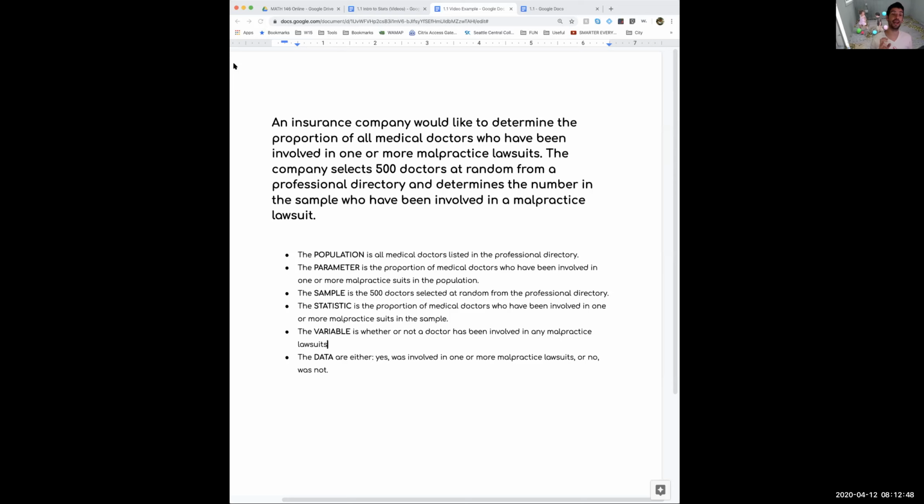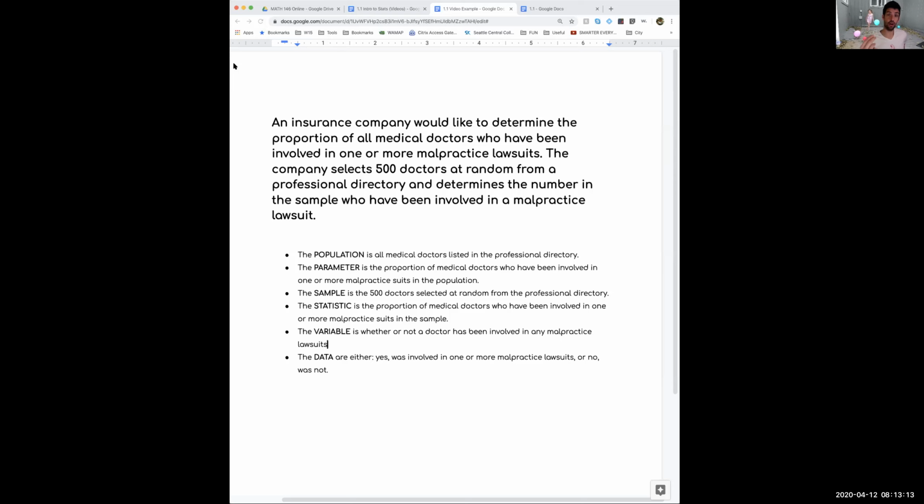In this case, that number is going to be the proportion of doctors from their sample who have been in one or more malpractice suits. So maybe they go and ask those 500 doctors and 300 of them have been in one or more malpractice suits. Then we would have a proportion of 3/5 or 60%, right? So that would be our statistic.